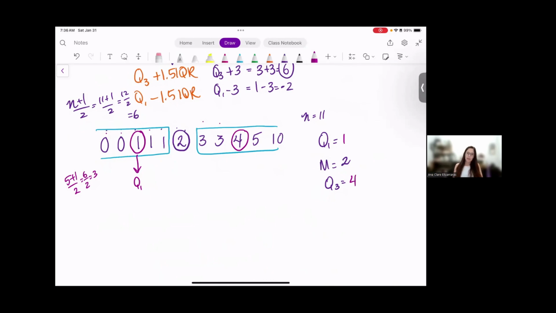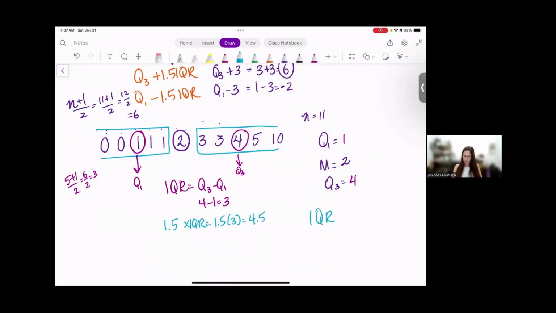So when I want to find the interquartile range, I'm subtracting the upper quartile minus the lower quartile. 4 minus 1 is 3. I'm going to multiply that by 1.5. The 1.5 of 3 is 4.5.